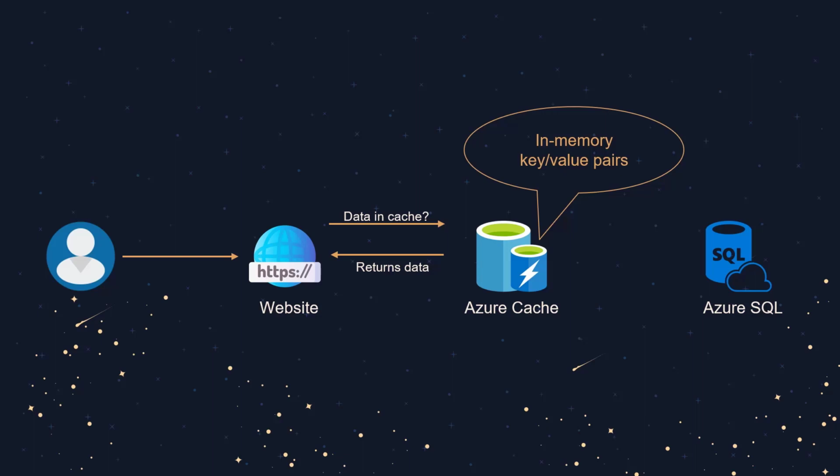We typically cache data that does not change very often, because caching such data will reduce the database calls. We should also be careful about when the data in the cache should be deleted, since no matter what data you have, at some point in time it needs to be refreshed with new data. Sometimes it could be every hour, sometimes every 24 hours. That depends on the business requirements.